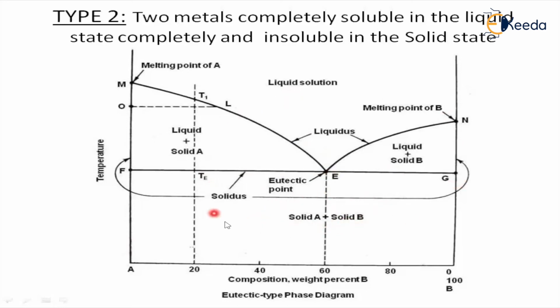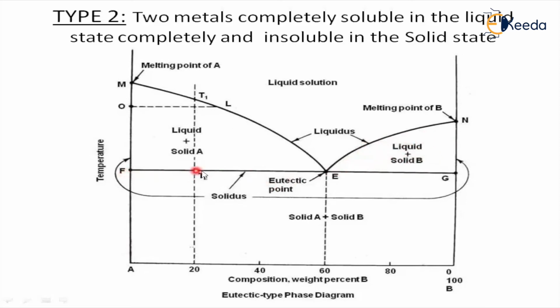If you observe the total phase diagram, you are observing four areas here. One is a single region, the liquid region. On the left side, this is the liquid plus solid A region. On the right side, this region is represented as liquid plus solid B, so the B percentage is more here.